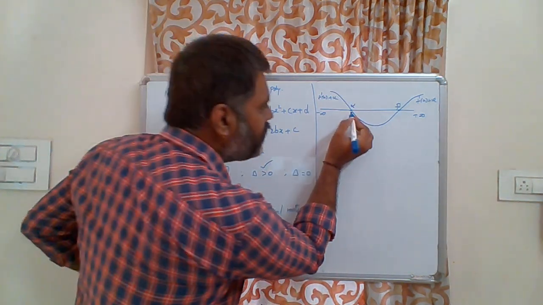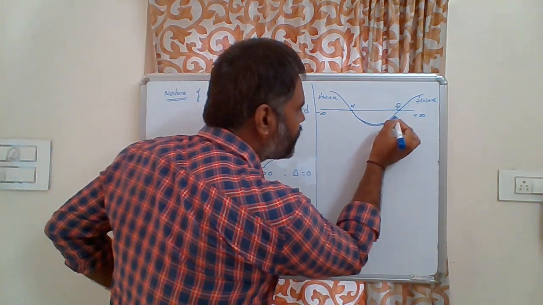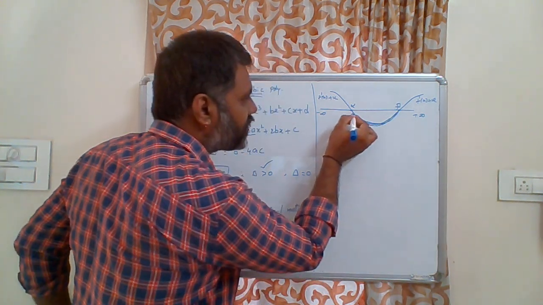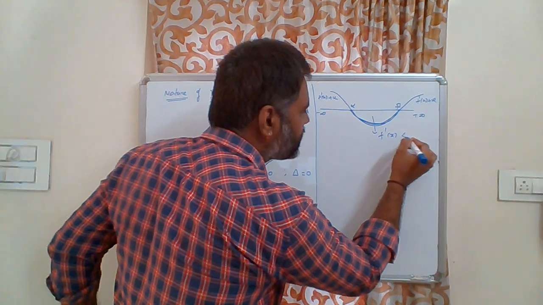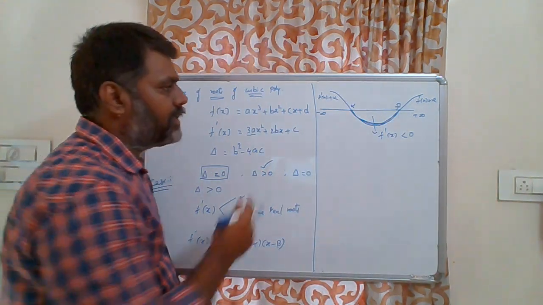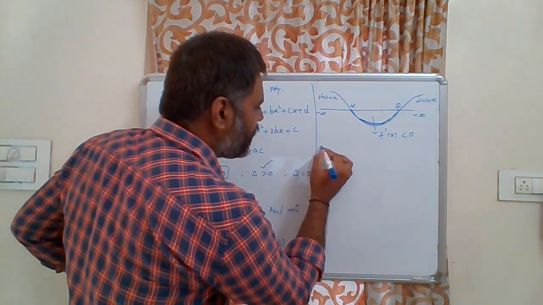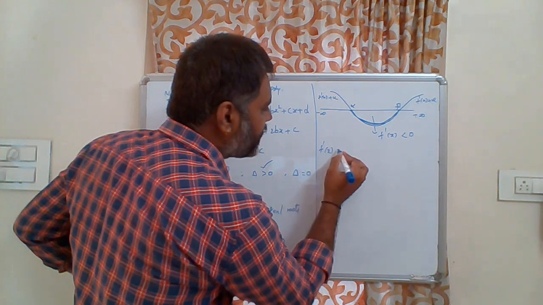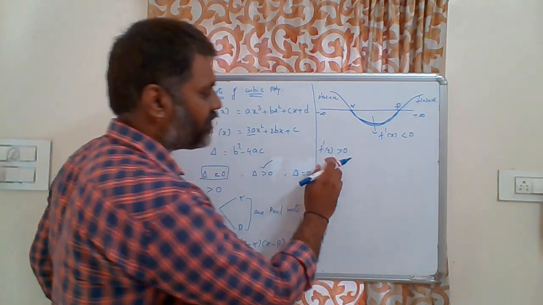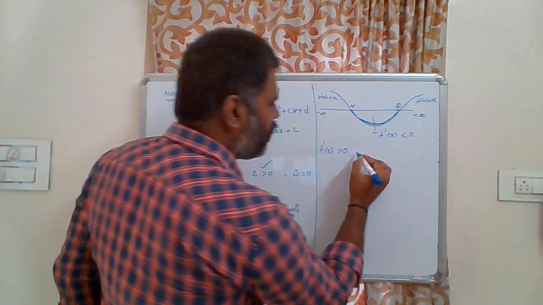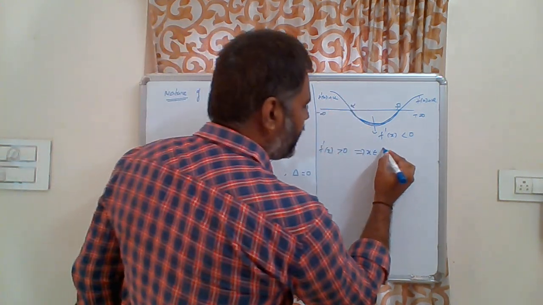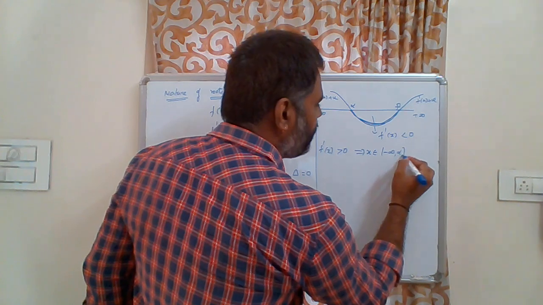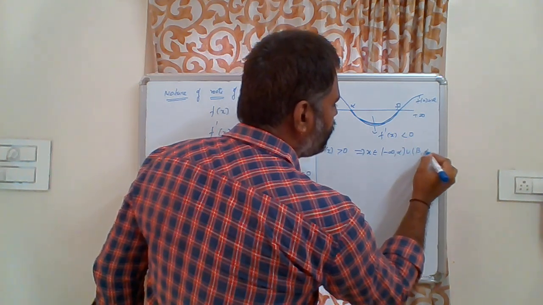So what about here? In this location f dash of x is less than 0. Finally, if f dash of x is greater than 0, what is x? X belongs to minus infinity to alpha union beta to infinity.